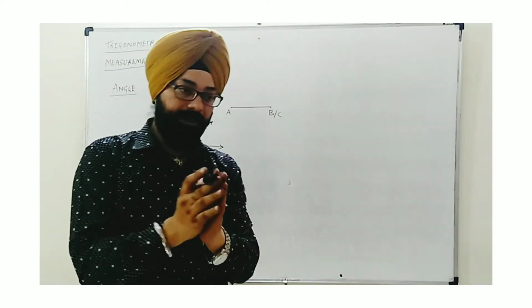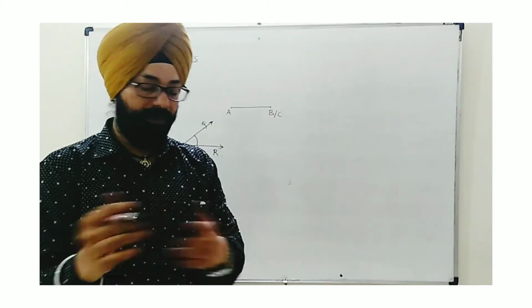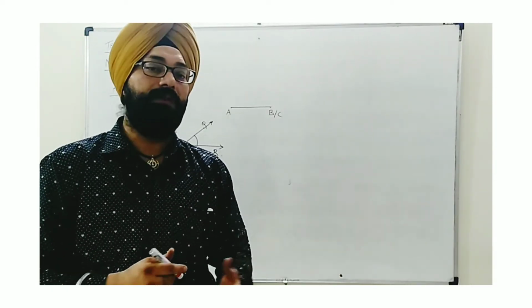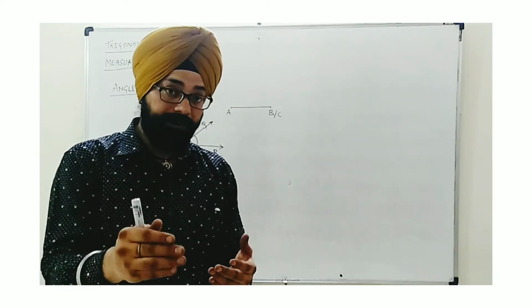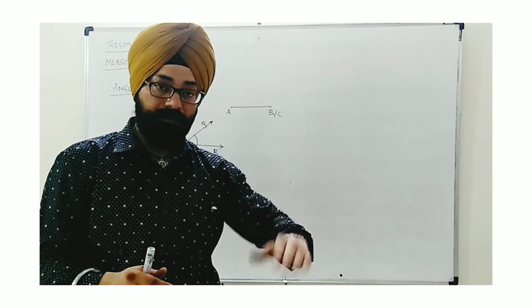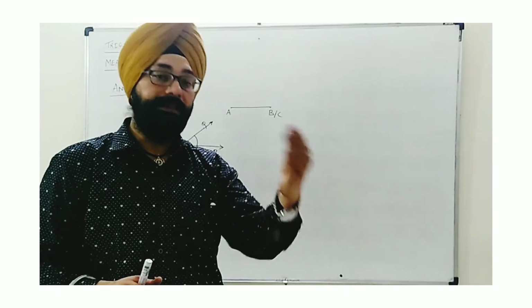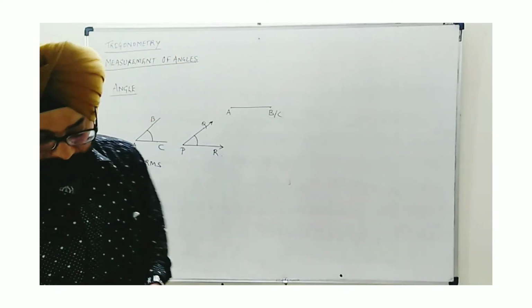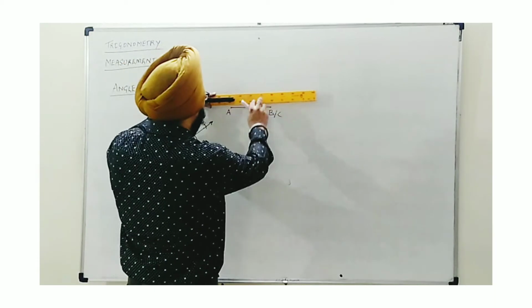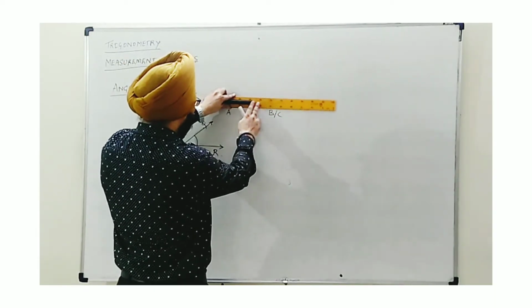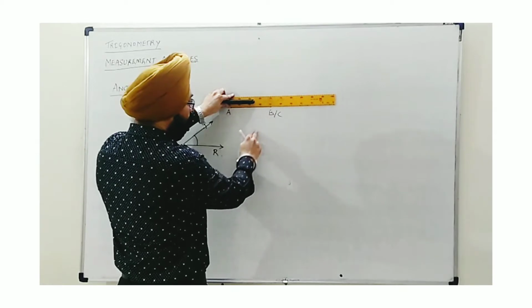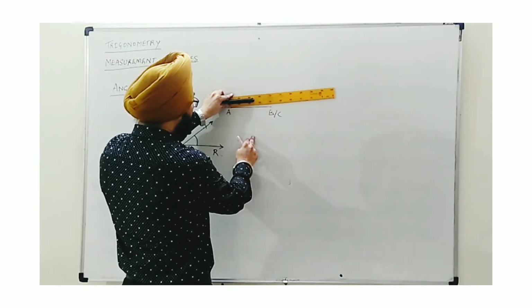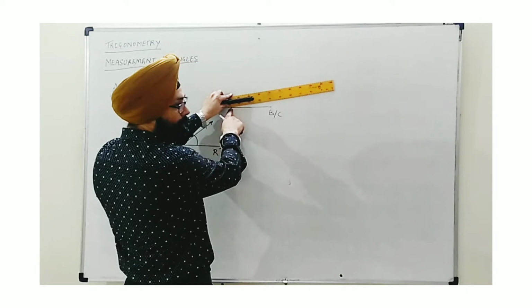So far, angle means a simple figure we draw, but now we have to see that angle is considered to be positive when the arm is moving in anti-clockwise direction. Let me show you that. If I consider this along AB, now from 0-degree, if anti-clockwise direction, don't forget this vertex is to be common.